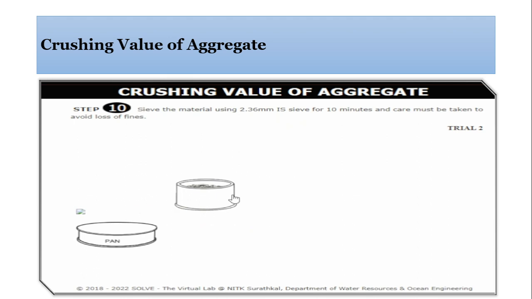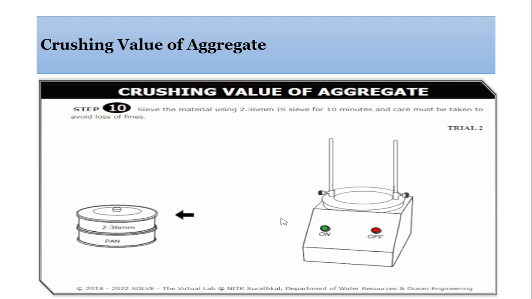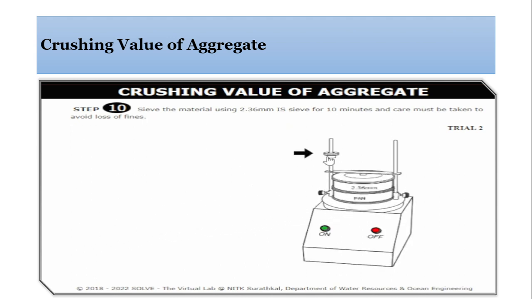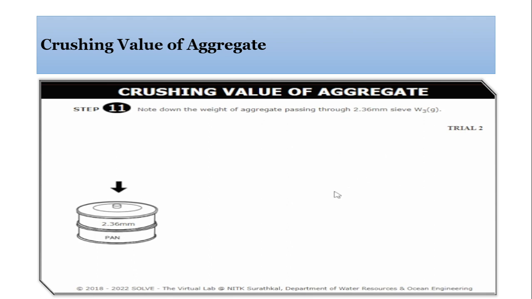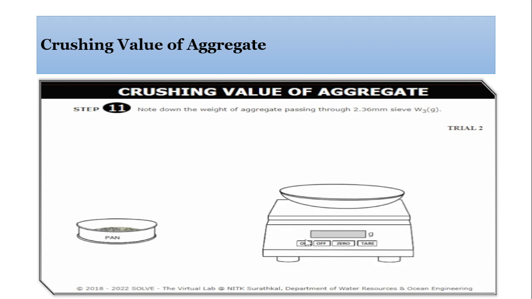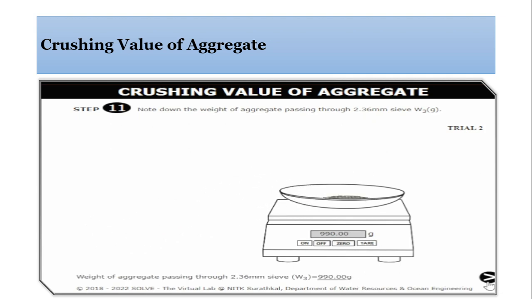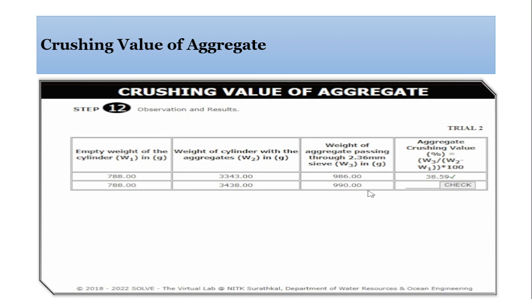Again put the aggregate sample on the 2.36 mm sieve and shake it for 10 minutes. Measure the aggregate passing through the 2.36 mm sieve. Again calculate for the second trial with the same formula, W3 upon W2 minus W1.